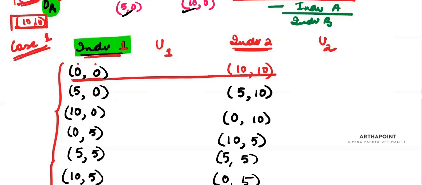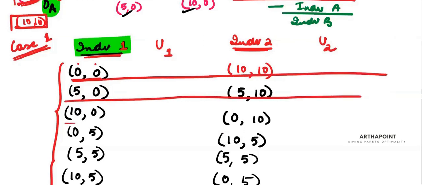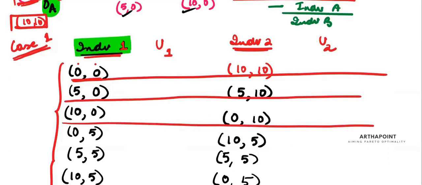Now, let us go ahead and talk about the utilities of these individuals. To understand the utilities, we know that utility for individual 1, or A, is given by his X into Y. And utility for individual 2, or B, is given by his X amount into Y amount.